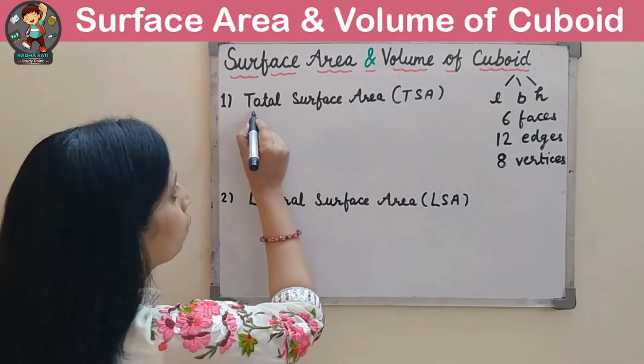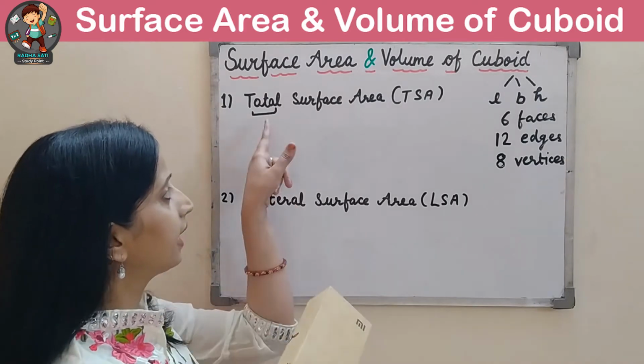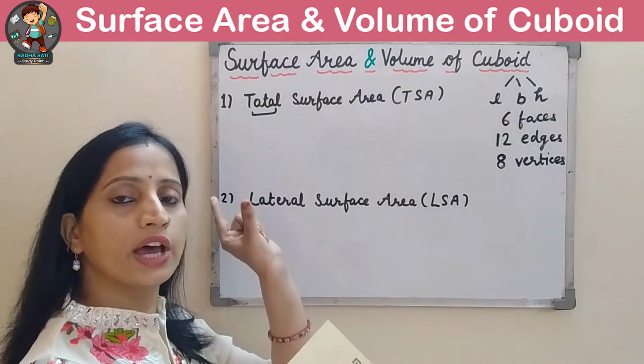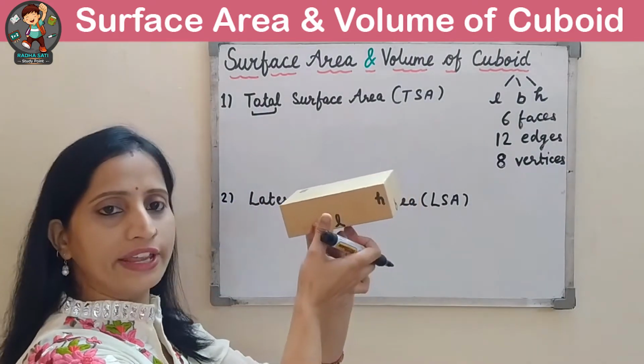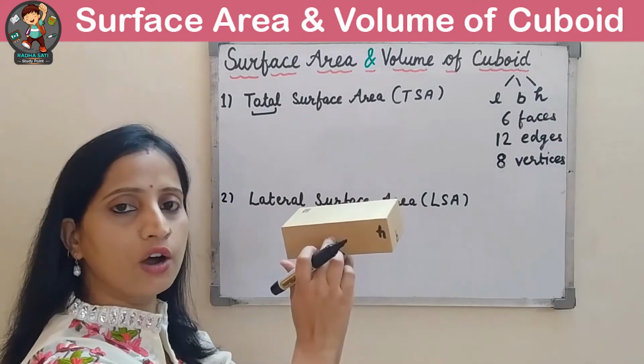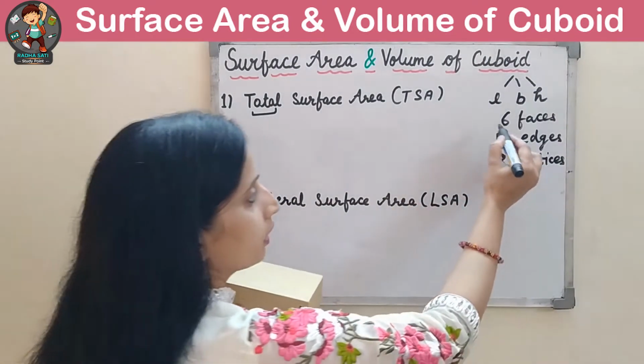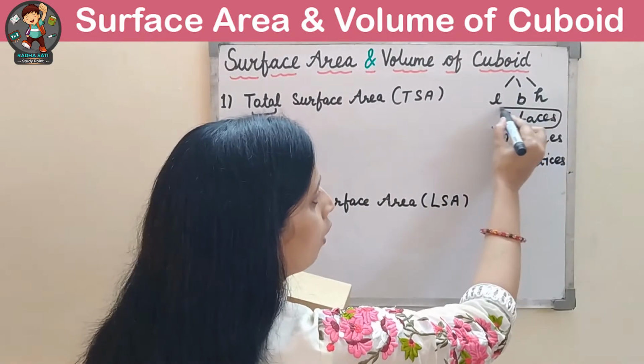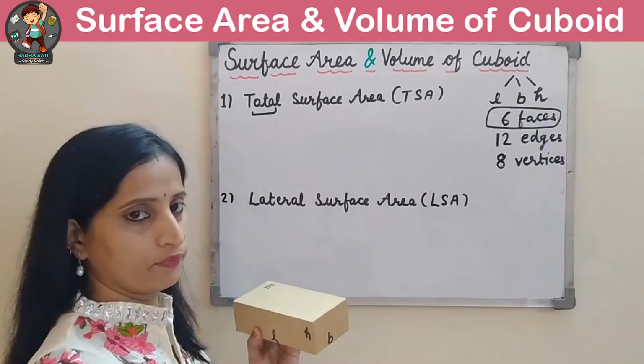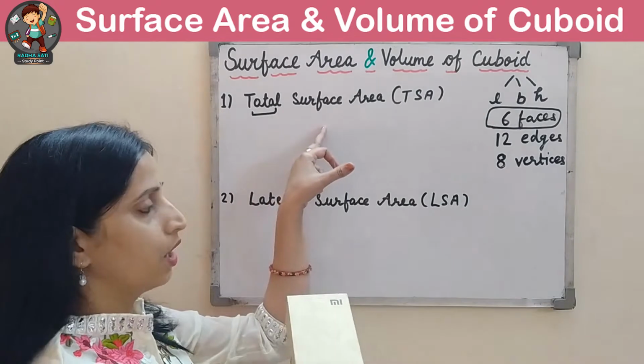Now the total surface area, as the name indicates, is the sum of the area of all the faces, all the surfaces of a cuboid. So this means the sum of the area of all the 6 faces. Okay. So now let's find out.